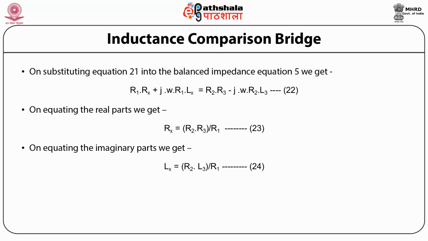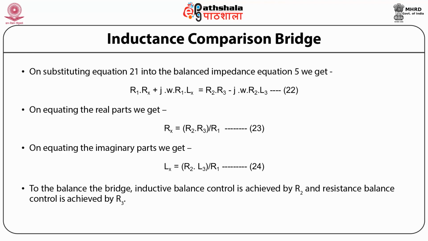This is equation 24. To balance the bridge, inductive balance control is achieved by R2 and resistance balance control is achieved by R3. By altering L3 or R3, the balance for the inductance comparison bridge is obtained.